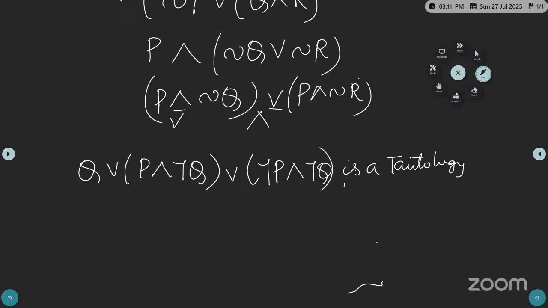I said don't use truth table. Use చేయకుండా చెయ్యి. Which law you will use? Use it and check it.